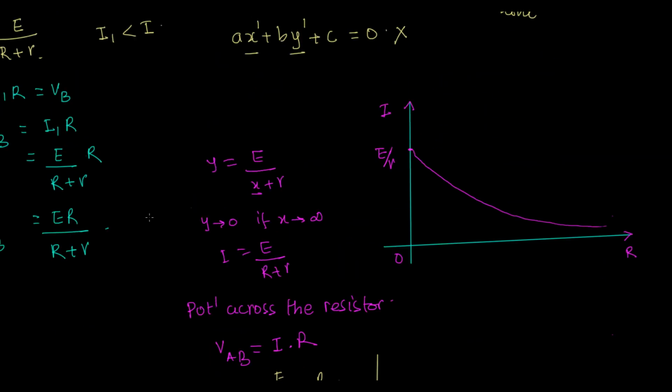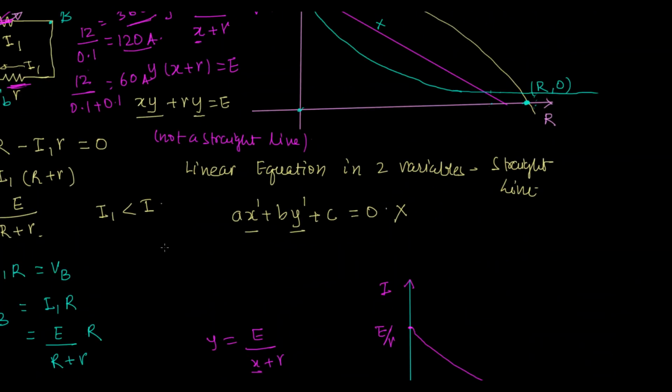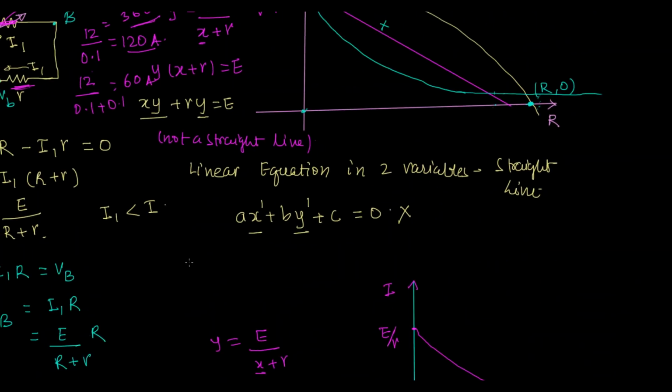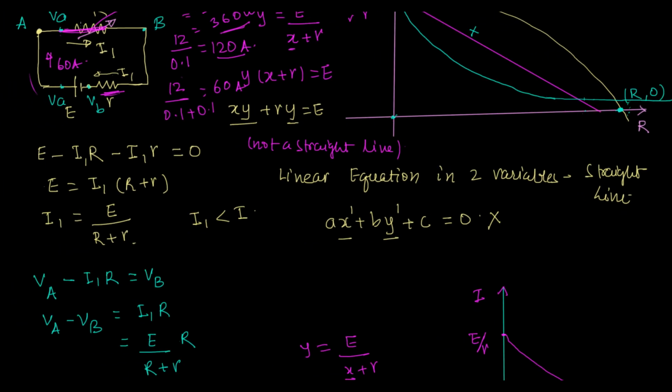R tending to infinity means this is an open circuit. It is as if you have connected no resistor, or if you have connected a resistor, it is so great, the value is so high that the current goes to 0.